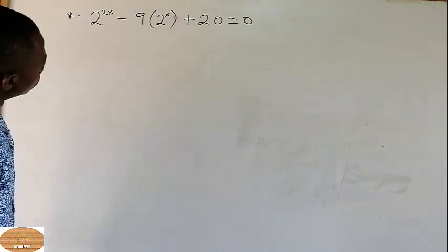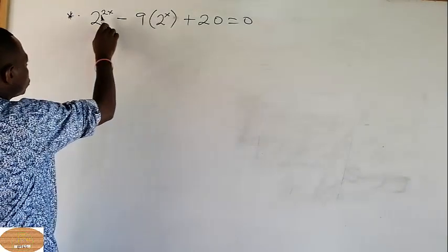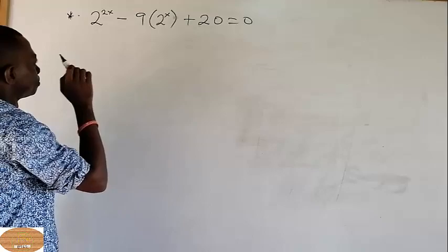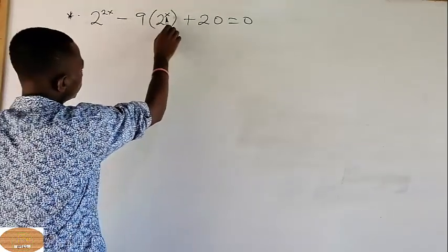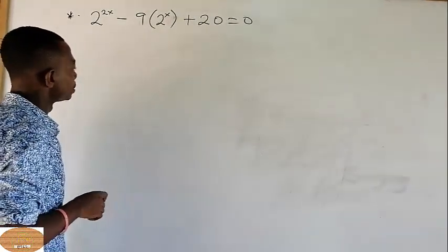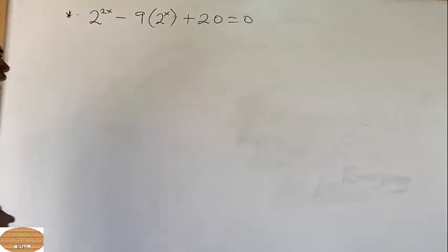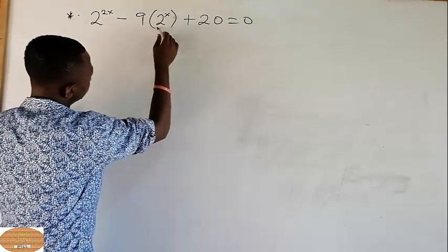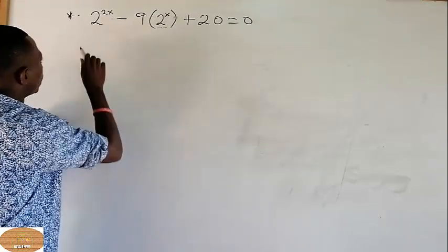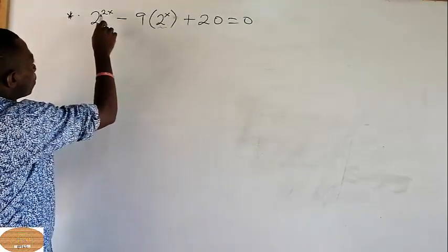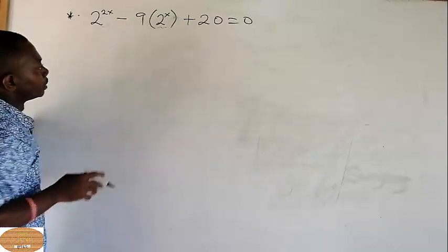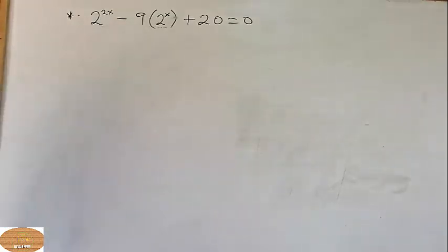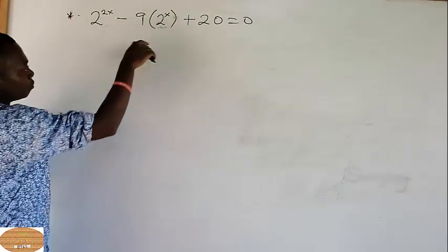Now I have 2 to the power 2x minus 9 times 2 to the power x plus 20 equals to 0. Now I have 2 to the power x here, and this one I have 2 to the power 2x. So let me teach you something here. So I have 2 to the power x here.